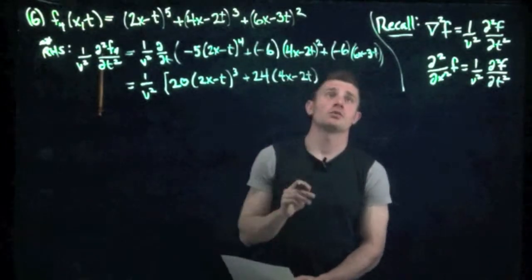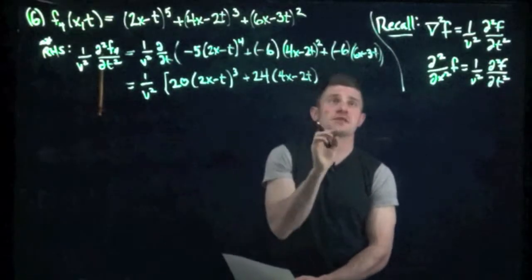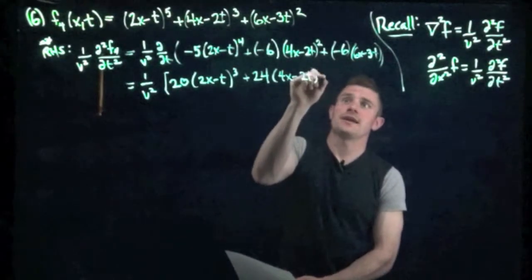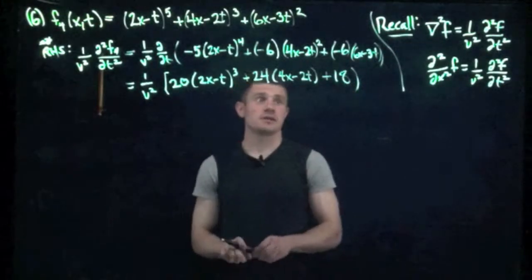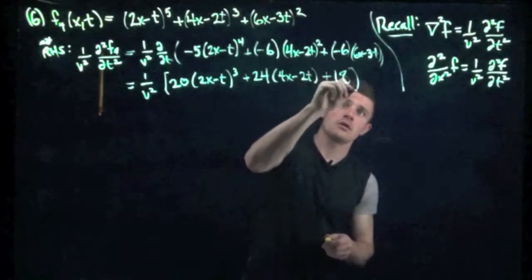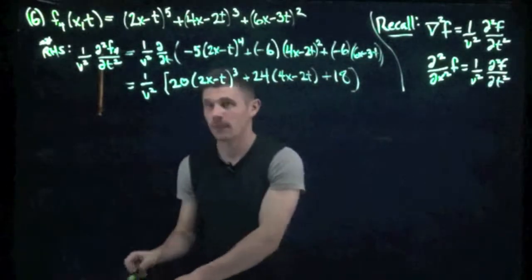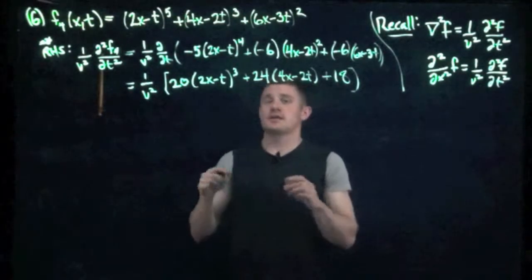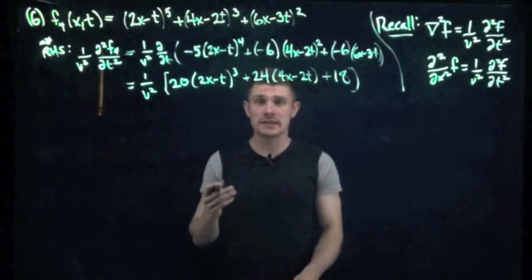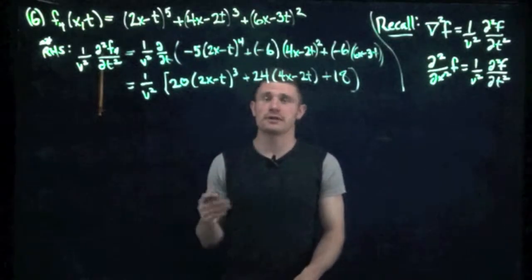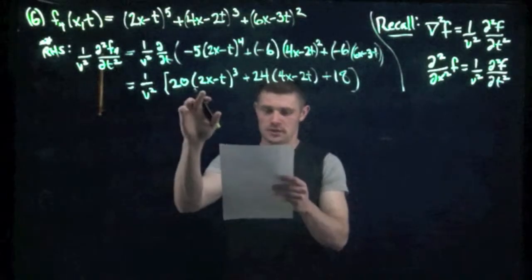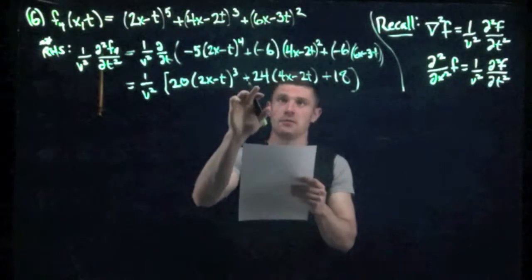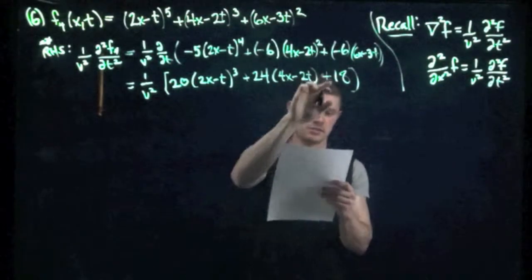And then finally here the x term goes to 0, and we get the derivative of 18t with respect to t, which is just 18. All I did there was take two derivatives with respect to t, and we saw that there was a bunch of chain rule calculus and a bunch of derivatives that hopefully we don't make any math mistakes. Let's check: 20(2x - t)^3 + 24(4x - 2t) + 18.